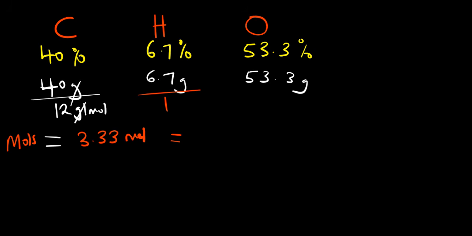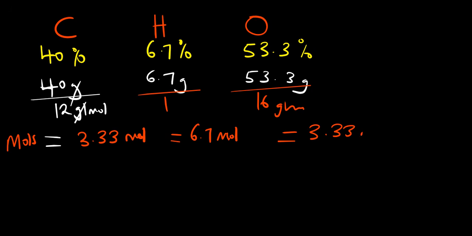So therefore, the moles of hydrogen is just going to be 6.7 moles. Then I come to oxygen. Oxygen has a molar mass of 16 grams per mole. So in this case, 53.3 divided by 16, I'm getting 3.33 moles.